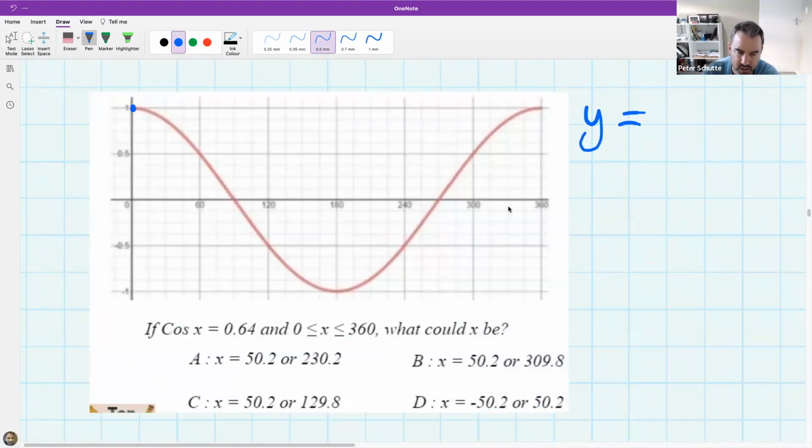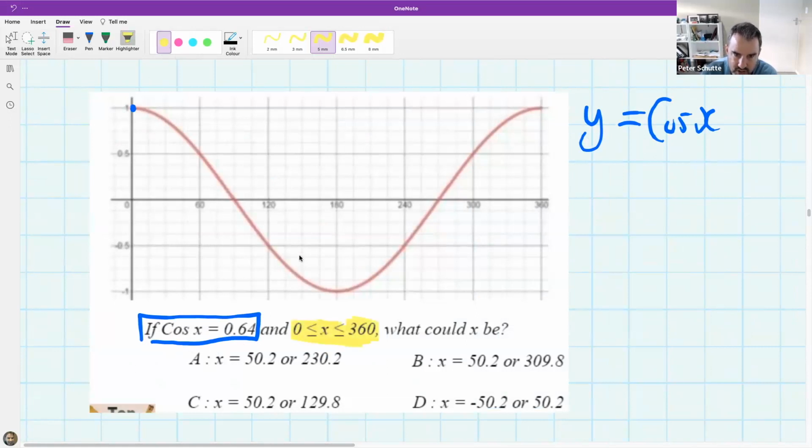So I want you to think about, if it says cos x equals 0.64, and it wants to know what values of x will make that true between 0 and 360. Now notice how these axes are 0 to 360. Which of the 4 options do you think is correct for this multiple choice question?